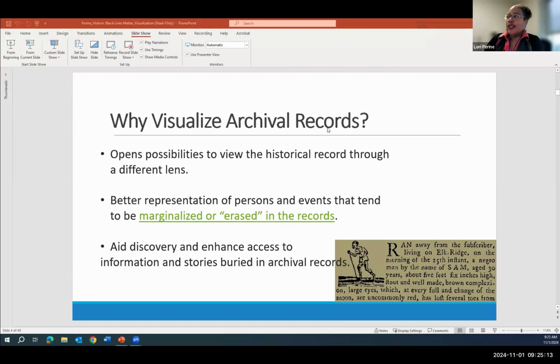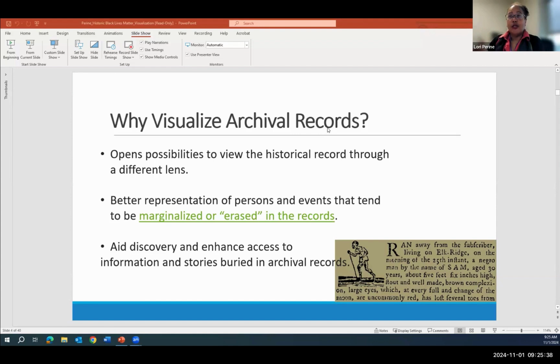The first is that we have all of these vast repositories of information that are not really tapped into, that allow us to potentially view our historical record through a different lens, from a different perspective, from a different set of knowledge.